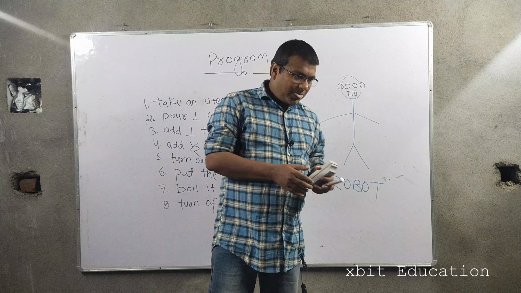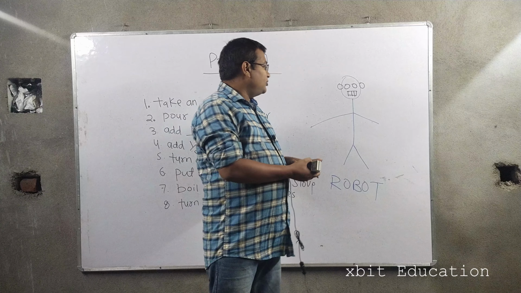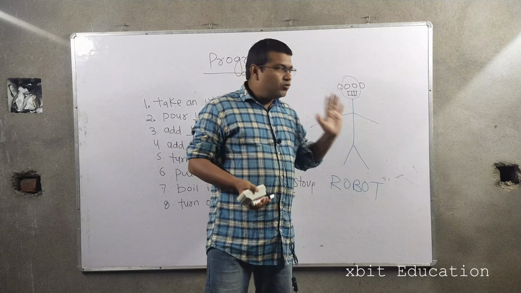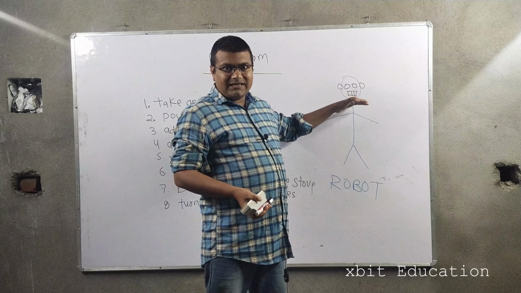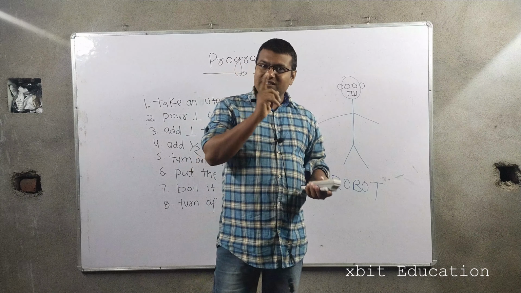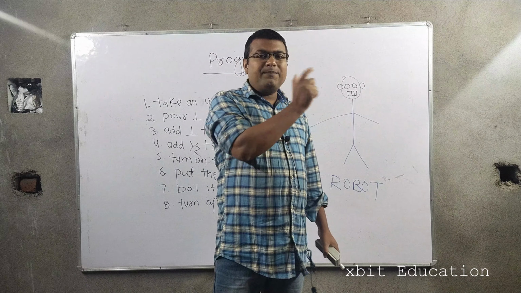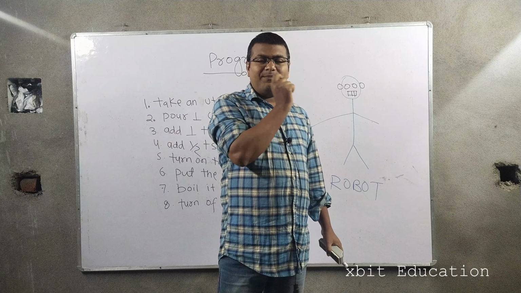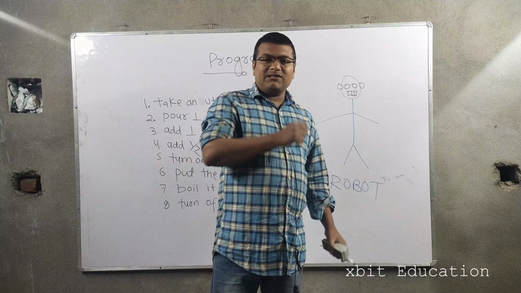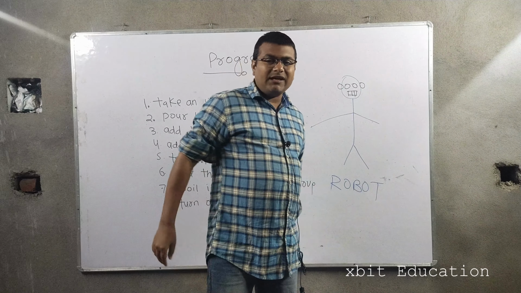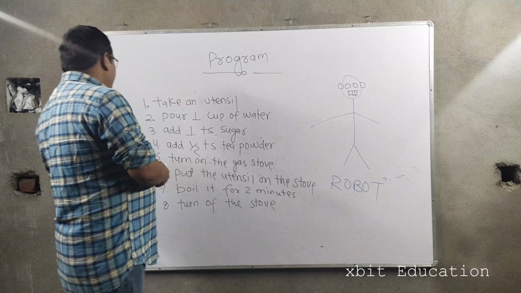Let us assume that this robot knows the English language, so our computer language will be English, so we will give commands in English. To make a simple cup of black tea, we will give these commands, as it doesn't know how to make tea.